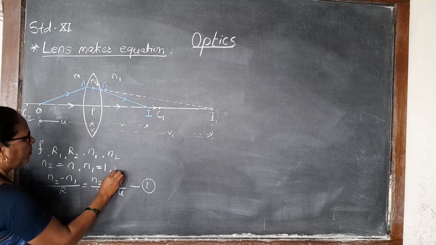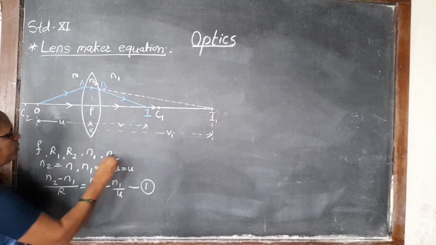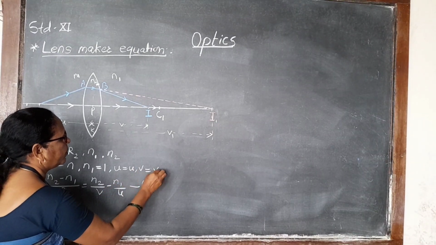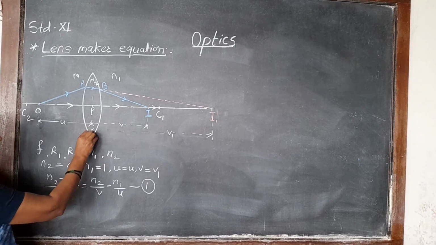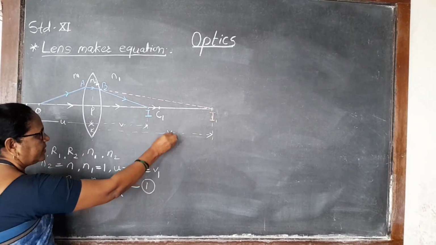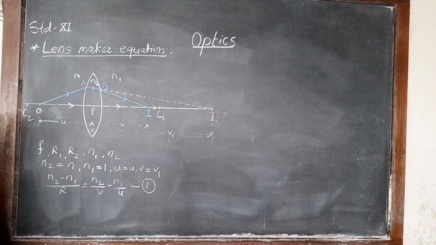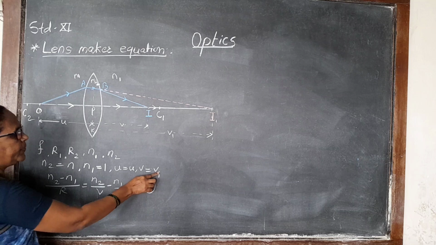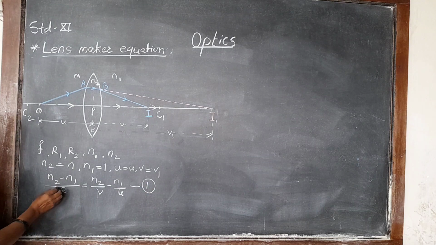So here object distance is U and image distance V is equal to V1. From P to I dash, this distance is suppose V1. Now substitute N1 is equal to N1, N2 is equal to N, U is equal to U and V is equal to V1 in this equation.